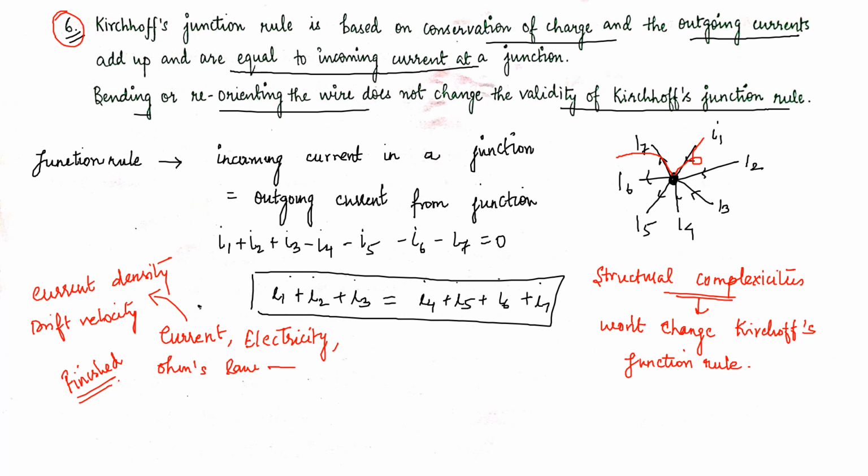In contrast with Ohm's law, we covered resistors. Then we drew the graphs of V versus I. Then we understood the properties of conduction in metals or conducting materials. We learned the combination of resistors.